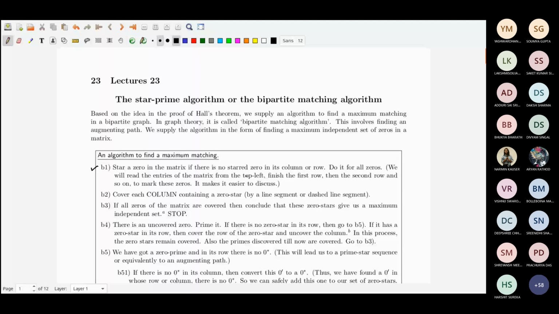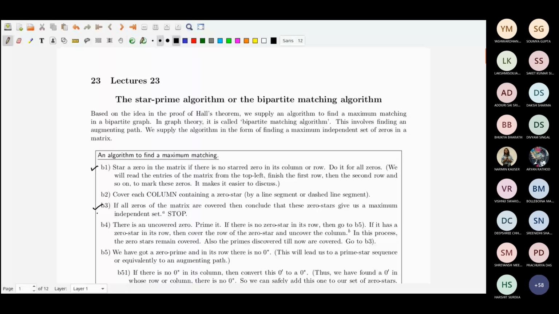If the answer is no, there is no uncovered zeros, then the algorithm will stop, this is B3, and it will say that the number of stars that you have got is the maximum number of independent zeros. Okay. And if it finds one uncovered zero, then it will prime it.